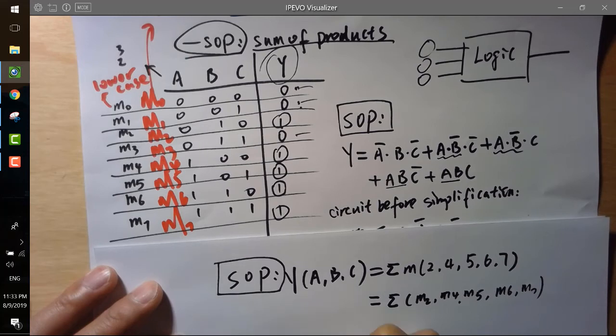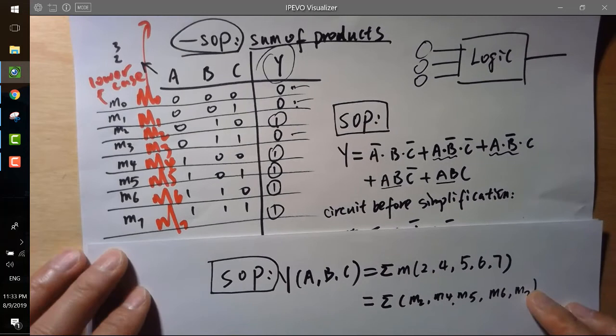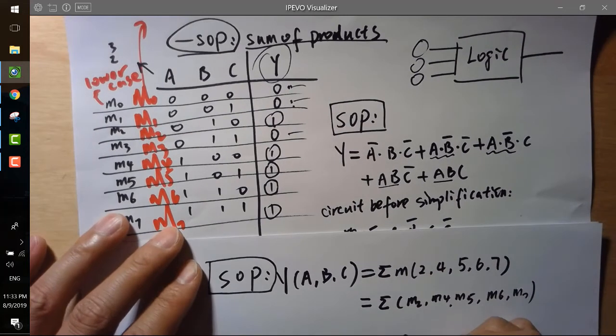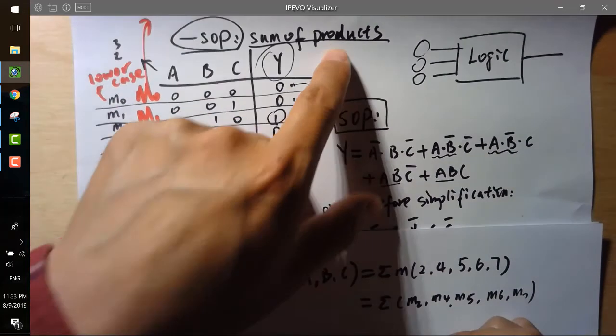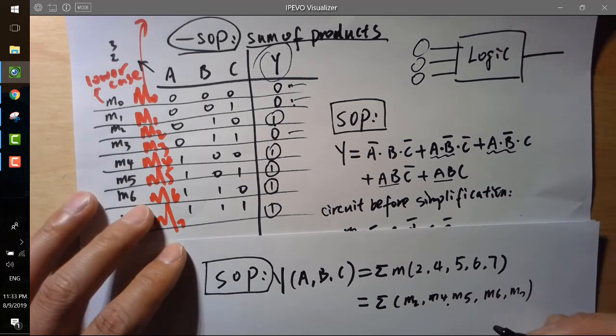POS: Y of A, B, C. They are a product of sums, so it's a capital pi, a bar and two vertical bars. Look at the capital pi.